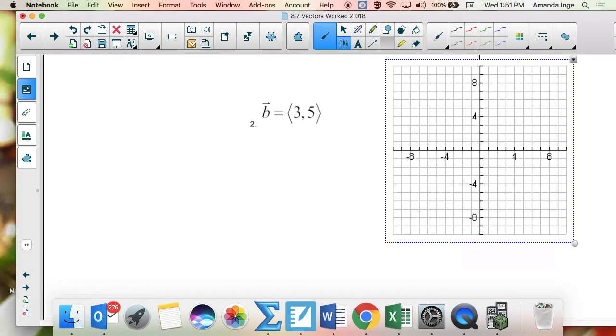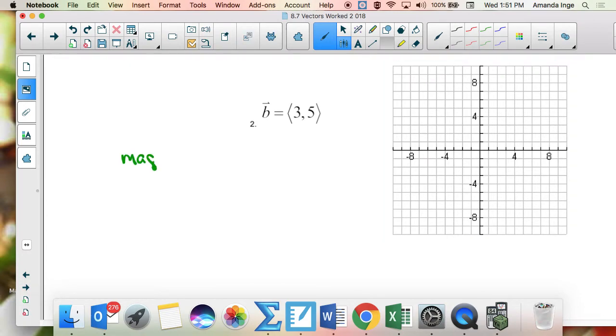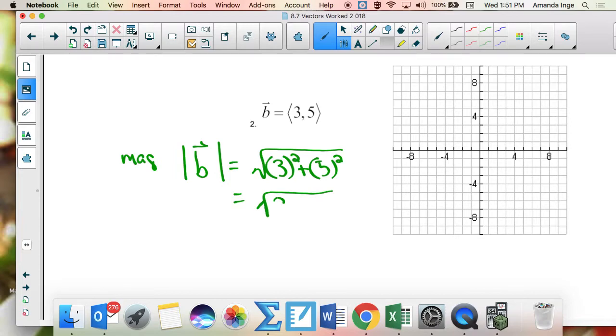All right, so the first thing we're going to find, like I said, is the magnitude, which is the absolute value of B. So we're going to say 3 squared plus 5 squared, which we did a few minutes ago, and we get 9 plus 25, or the square root of 34. So that's the length.